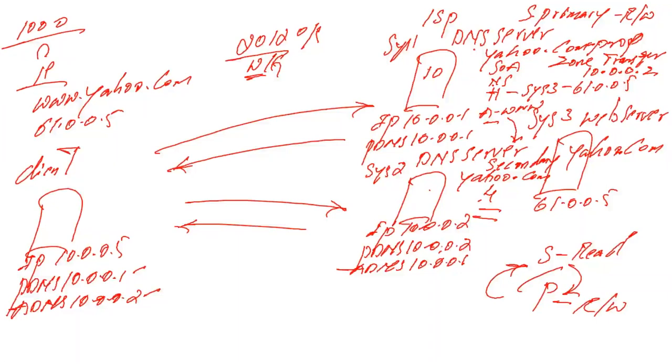So please write down the first point. In system 1 primary DNS server, create the standard primary zones.